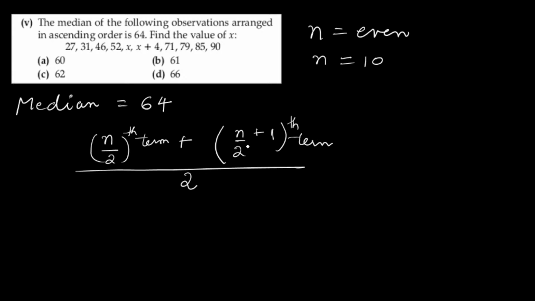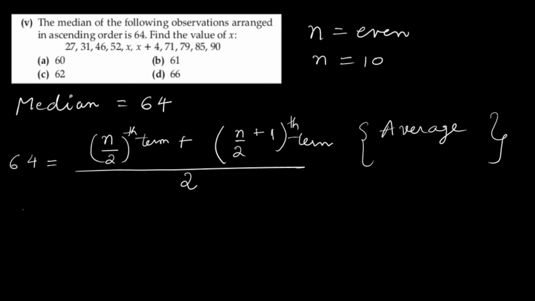So for ungrouped data with an even number of terms, median is the n by 2 term plus its next term, divided by 2. Basically, we are finding the average of the two middle terms.